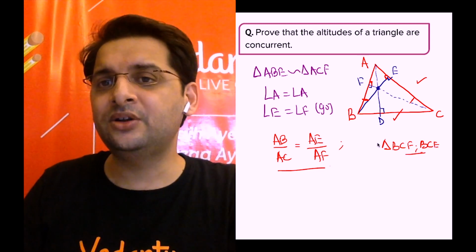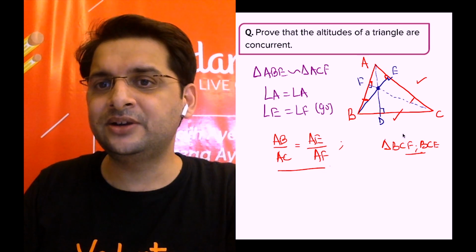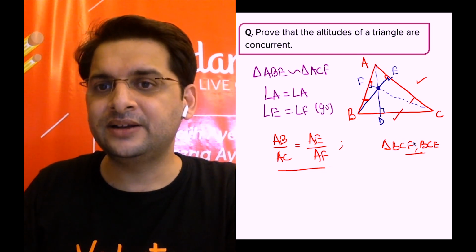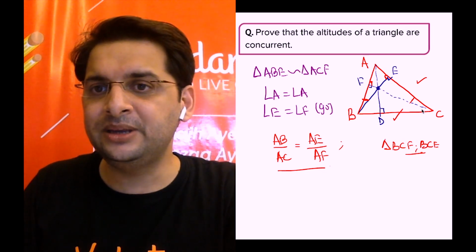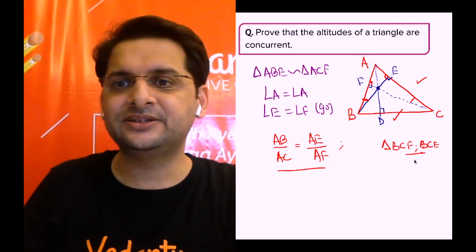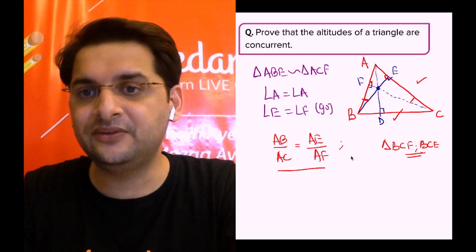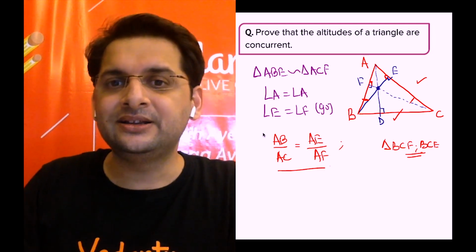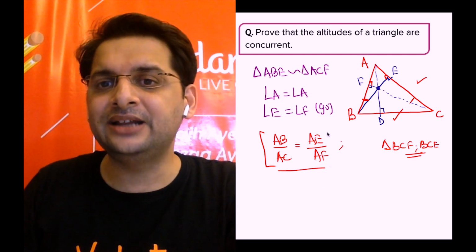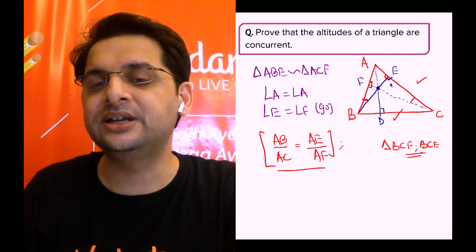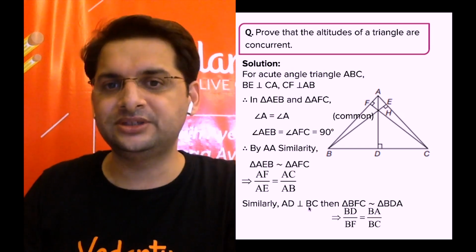And likewise for the third one also. So it will be BCE and BCF. Yes. And for the third one also. So if we apply this in a cyclic way, we'll get the sides on one side and these small segments on the other side. So let us see how it goes.